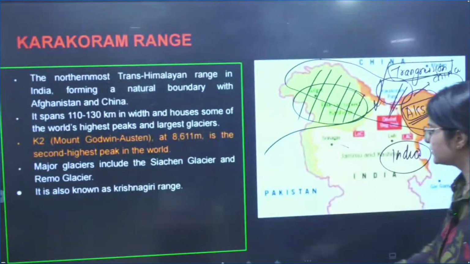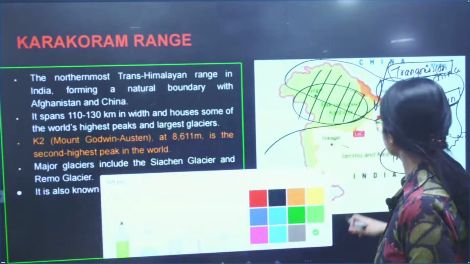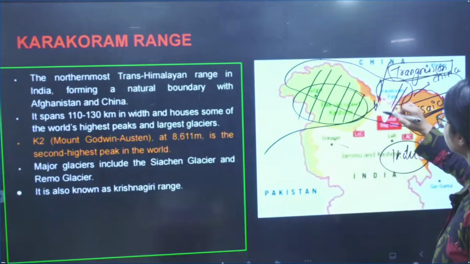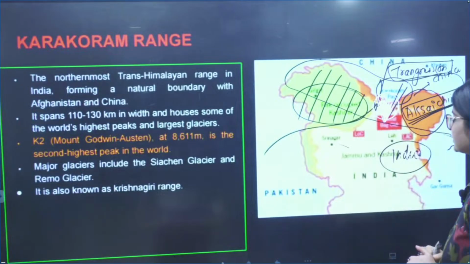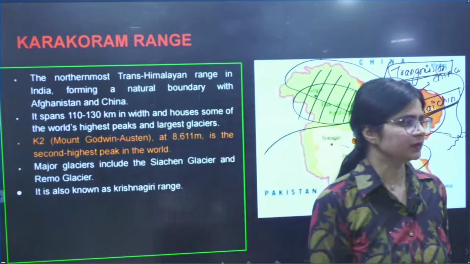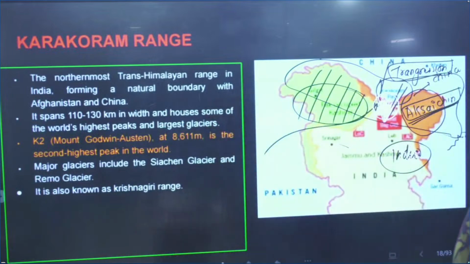Apart from that, there is Siachen. How many of you can spot it here? There is the Siachen glacier present here, and we have deployed our security forces here.